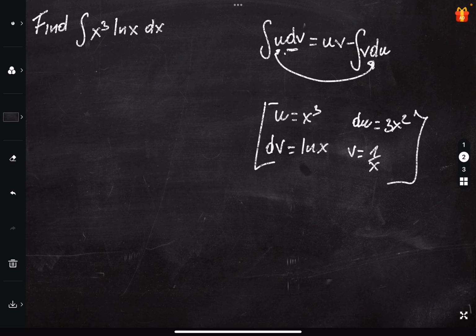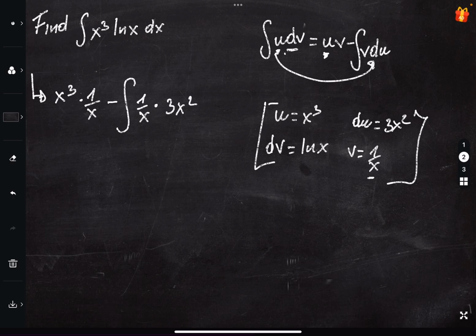So I can write this down using what I know. I know that u is x cubed and my v is 1 over x, so I'm going to multiply them here, minus the integral of v, which I just found was 1 over x, times the derivative of u, which is 3x squared, with respect to x.